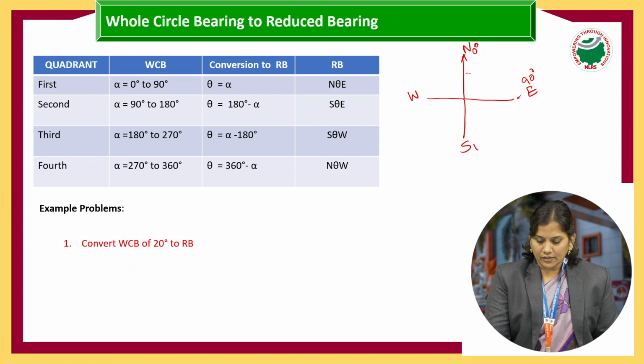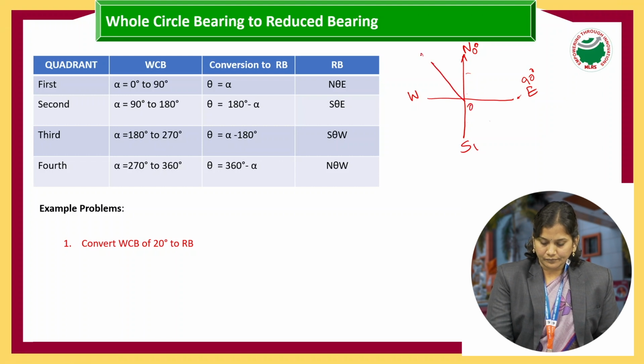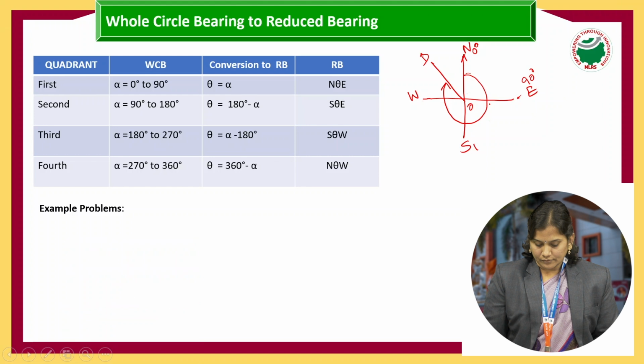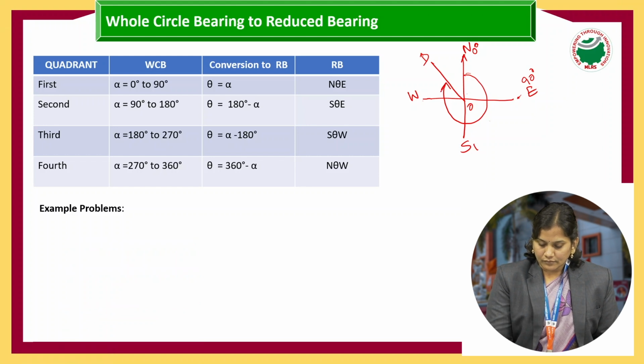And if our survey line is in the fourth quadrant, again we are measuring our whole circle bearing in this direction, and the range is between 270 to 360 degrees. I will call this alpha. Now how do we measure in reduced bearing? From north towards west.